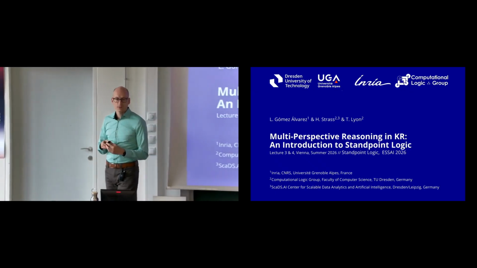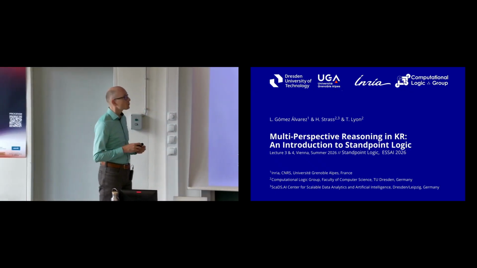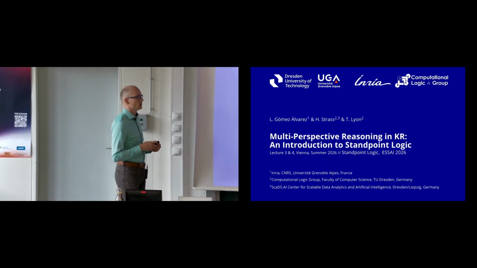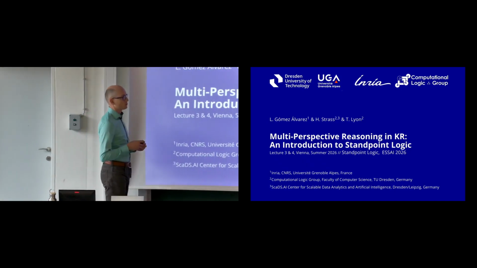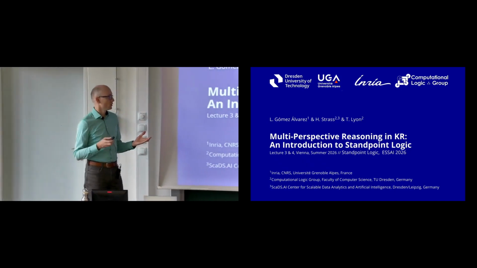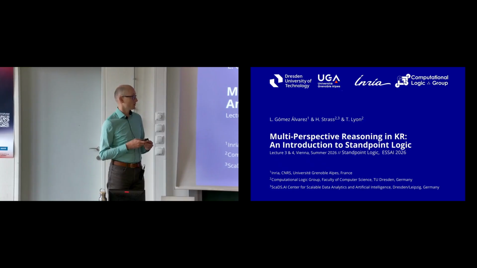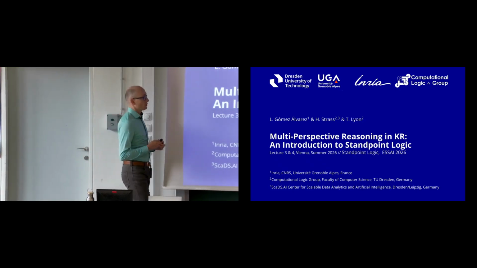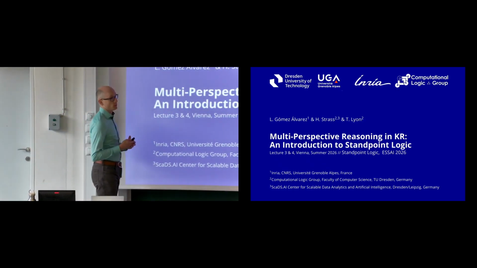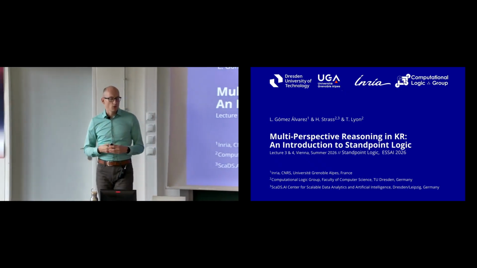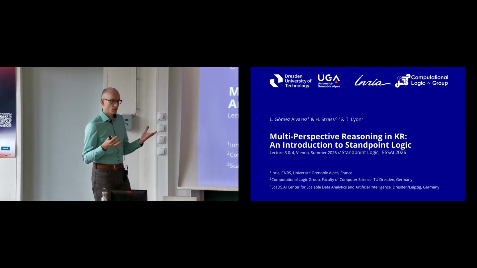So in the previous two sessions, you have seen propositional standpoint logic along with a proof theory, a proof system for actually showing things in this logic. And you have seen later on first-order standpoint logic, where you had the same outer logic, so to speak.